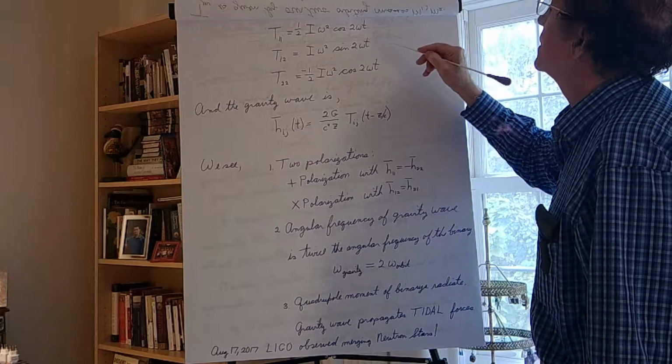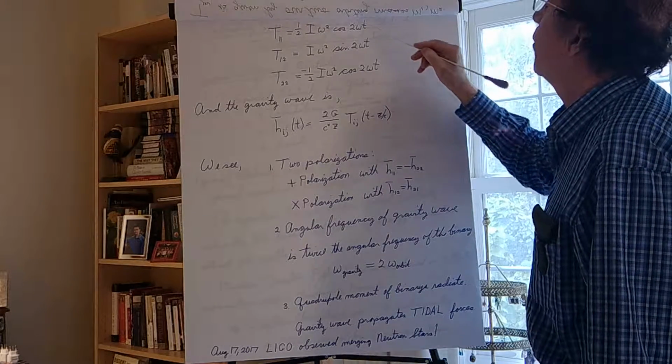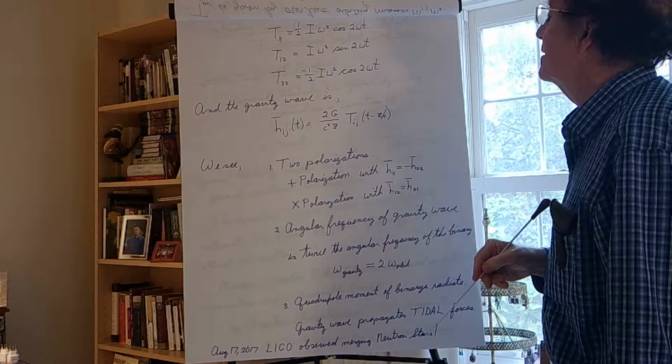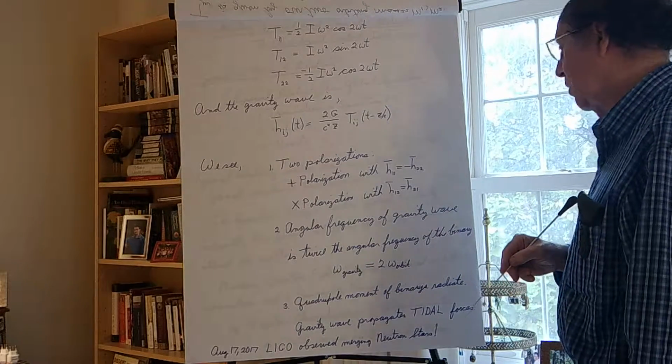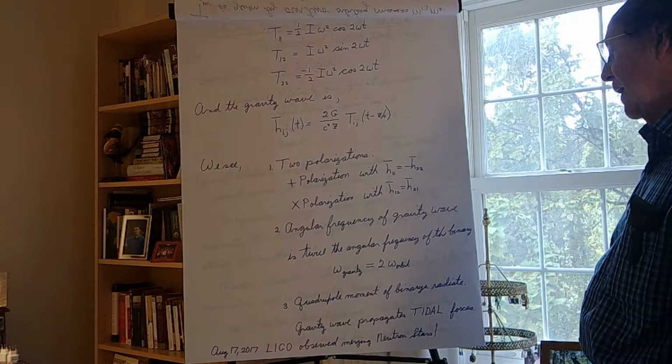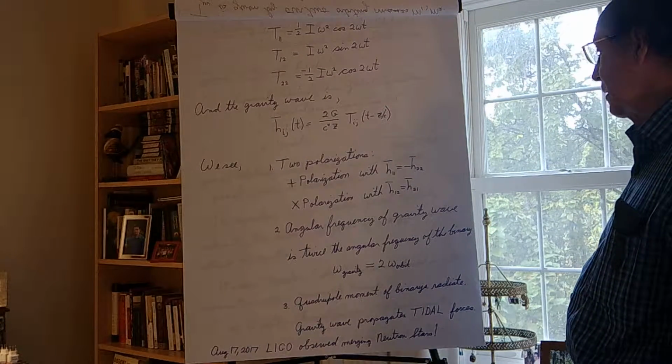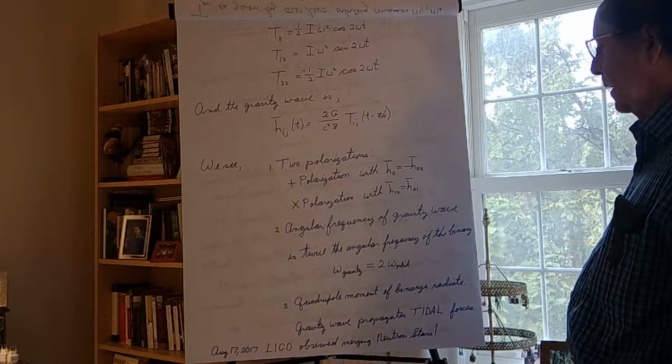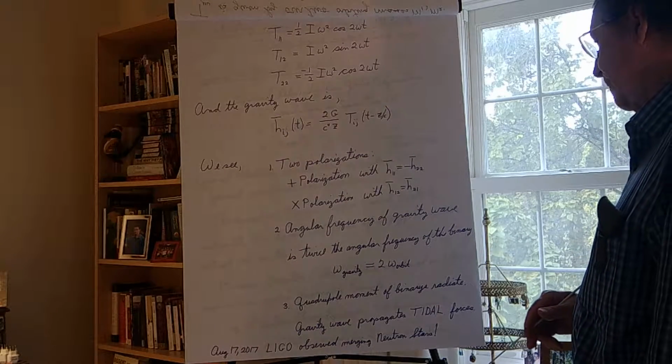So twice the angular frequency of the orbital motion is the characteristic frequency of the quadrupole moment. The quadrupole moment rotates twice around as the binary makes one orbit, and so that's what's recorded there.